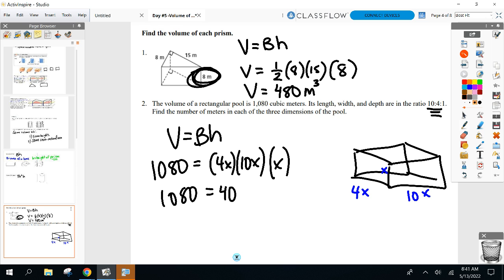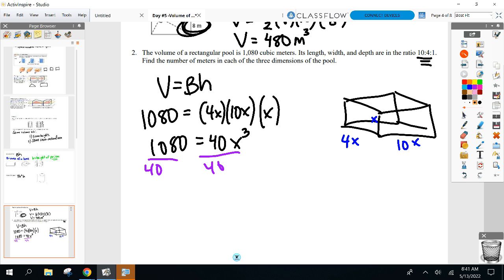X cubed. Next step. Divide by 40. X cubed equals 27.